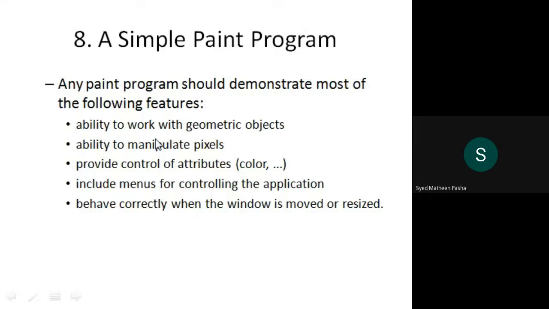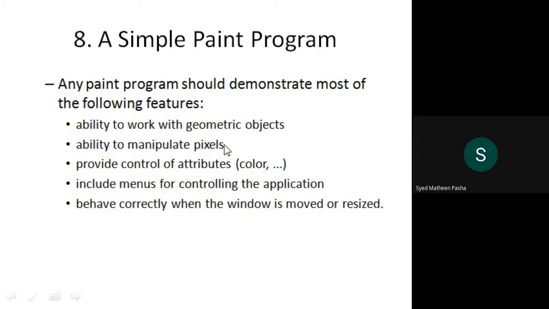Whatever code you implement for simple painting basically consists of some options. The first option should be the ability to work with geometric objects. The program should be able to identify what kind of geometric object it is.